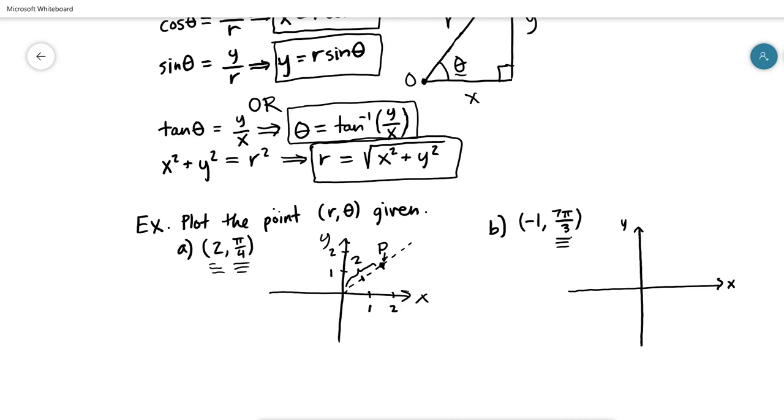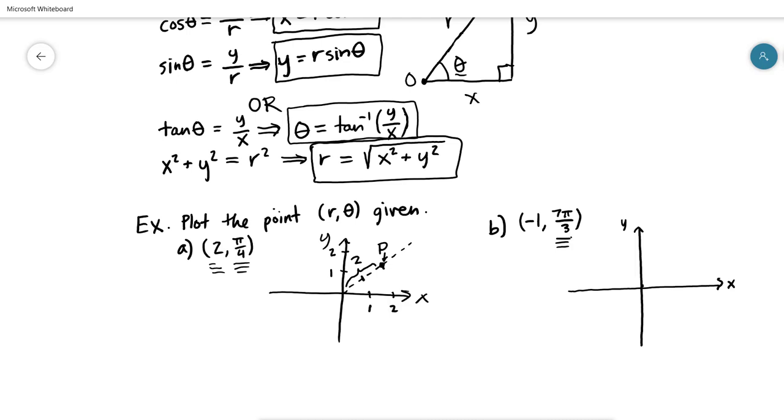If we went 6 pi over 3, that simplifies to 2 pi. So 6 pi over 3 would give us a full rotation. This is 7 pi over 3, which tells us we've gone an additional pi over 3 beyond a full rotation.